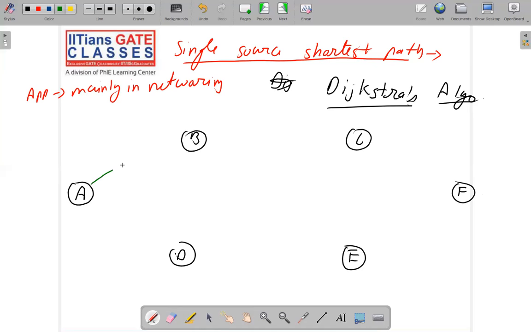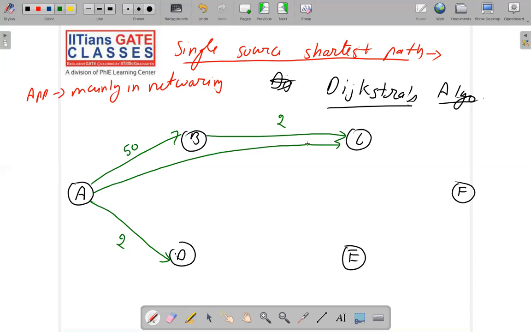From A to B, we have an edge of 50. This is directed, so B can't send to A with 50. Only A can send to B with 50. From A to D, we can send with 2. From B to C, we have edge weight 2. We can directly send from A to C also with an edge weight of 25.